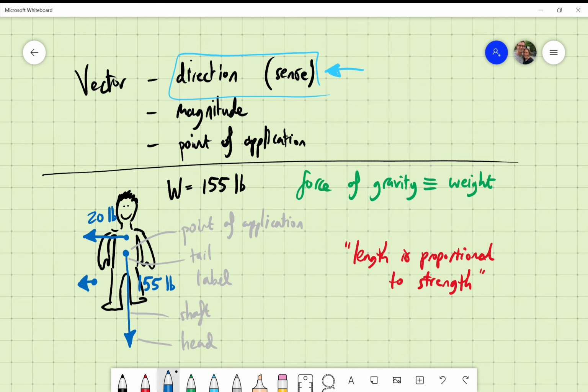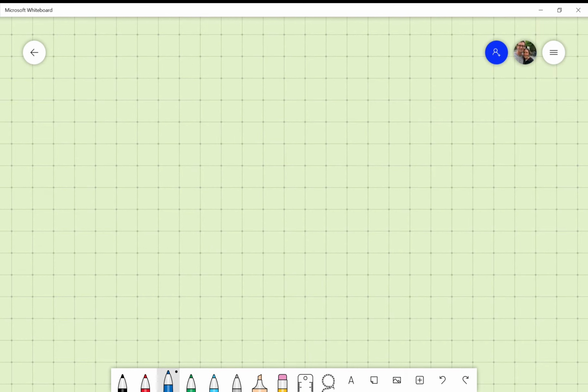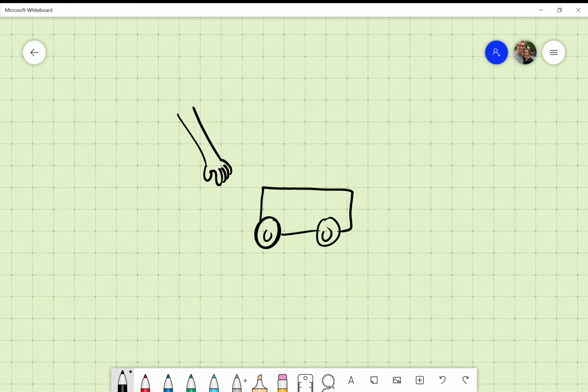All right, now we'll go to a new page. What about when you have vectors that are not purely horizontal or vertical? For example, let's say that I am pulling with my cartoon hand on a cart, like the kind that you might take to the beach, say to pull your children around with.